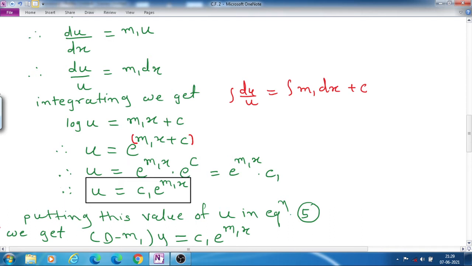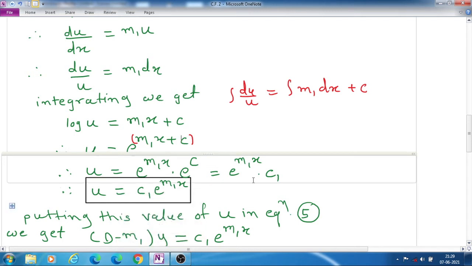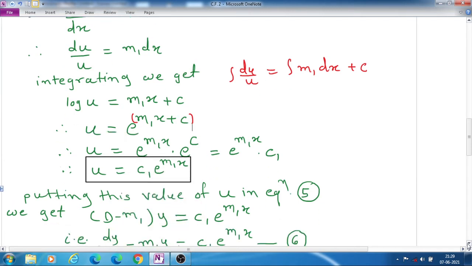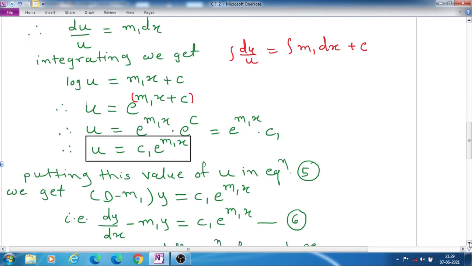Therefore e raised to m1x plus c, we separate these two terms. e raised to m1x plus c means e raised to m1x into e raised to c.